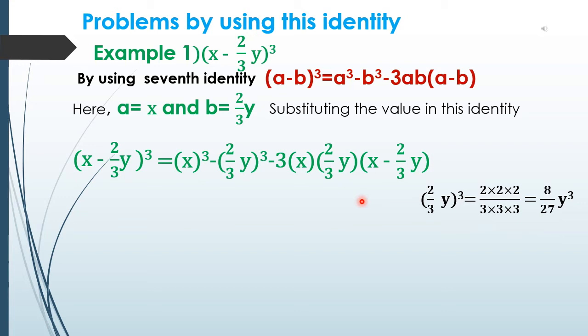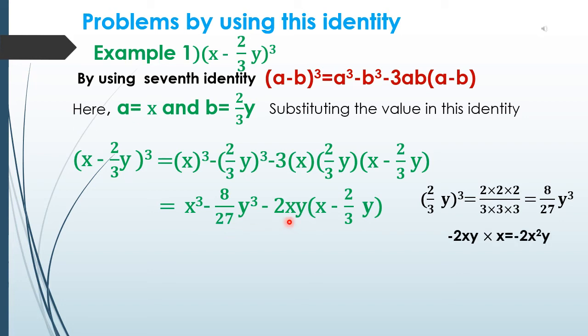Here 3 by 3 are cancelled. Therefore minus 2xy inside the bracket (x minus 2 by 3y). This implies x cube minus 8 by 27y cube.